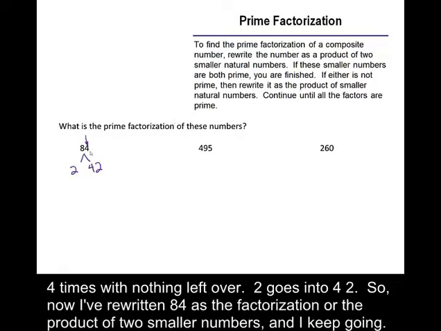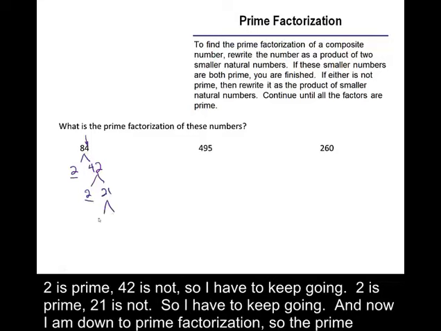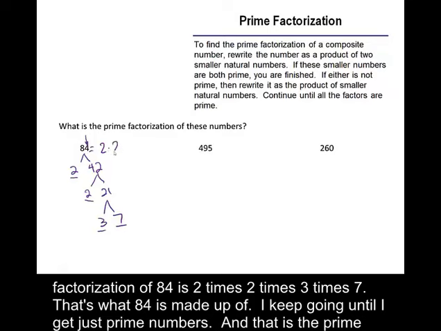So now I've rewritten 84 as the factorization or the product of two smaller numbers, and I keep going. 2 is prime, 42 is not, so I have to keep going. 2 is prime, 21 is not, so I have to keep going. And now I'm down to prime factorization. So the prime factorization of 84 is 2 times 2 times 3 times 7. That's what 84 is made up of. I keep going until I get just prime numbers, and that's the prime factorization.